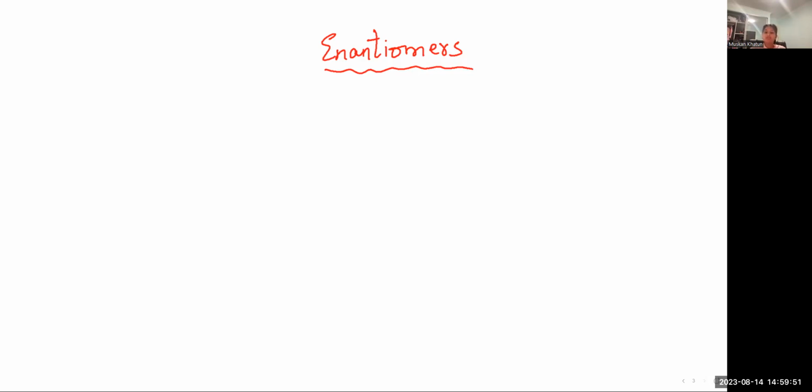So coming to enantiomers. A chiral compound and its mirror image are referred to as an enantiomer. Try to understand: the chiral compound and its mirror image. An enantiomer is two stereoisomers that contain asymmetric carbon atoms, which are non-superimposable mirror images.